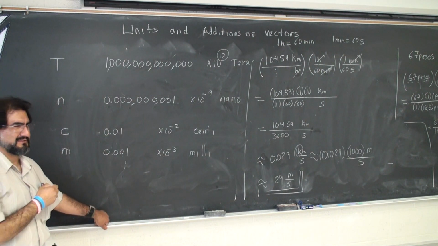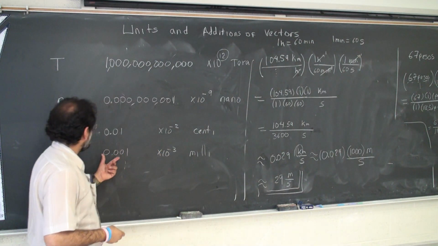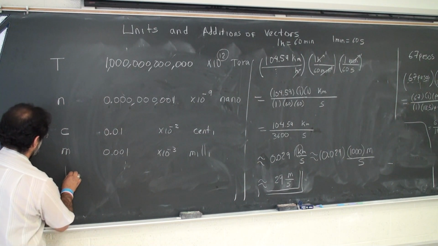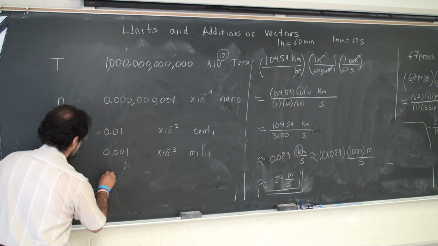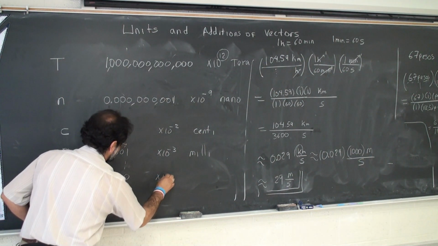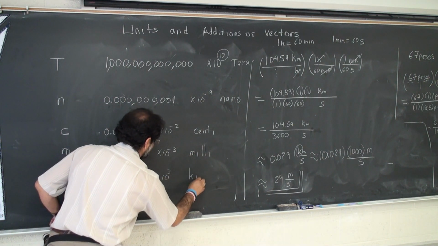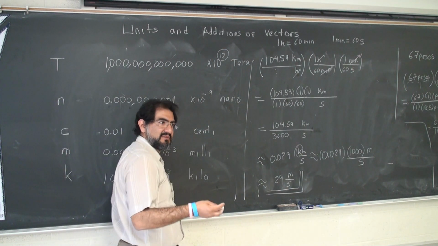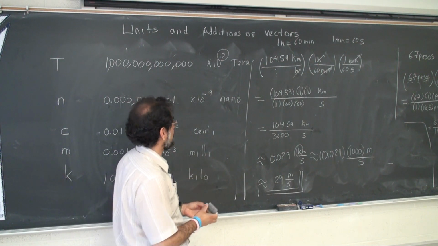Double L, I think so. Milli. So we're using very small units. Another prefix I already used, that is very common, lowercase k, is basically to express 1,000. 1, 2, 3 zeros. Kilo. We use it a lot for kilograms and kilometers, if you want to change units of length.